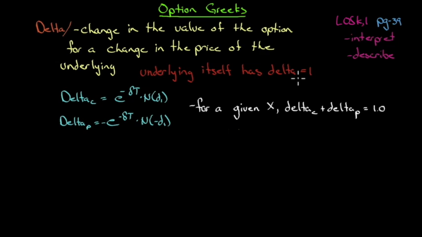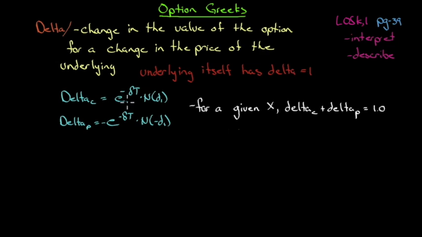The value of that option might not even budge. It might have a delta that's so low that it might not respond at all. So delta tells us how the call will change in value based on the magnitude of the change in the underlying.